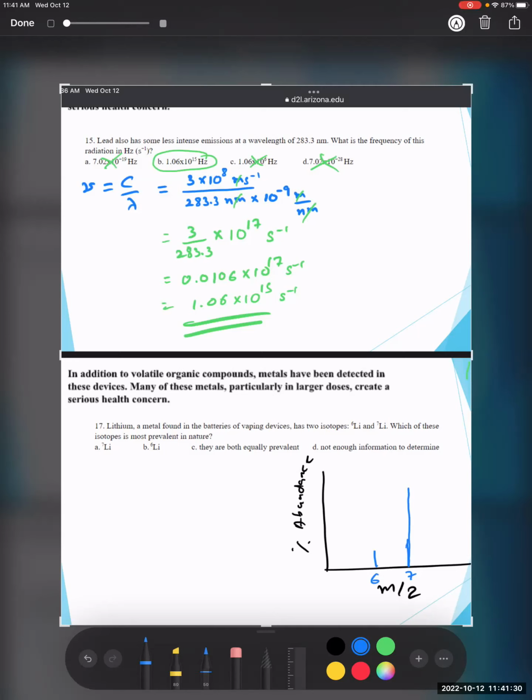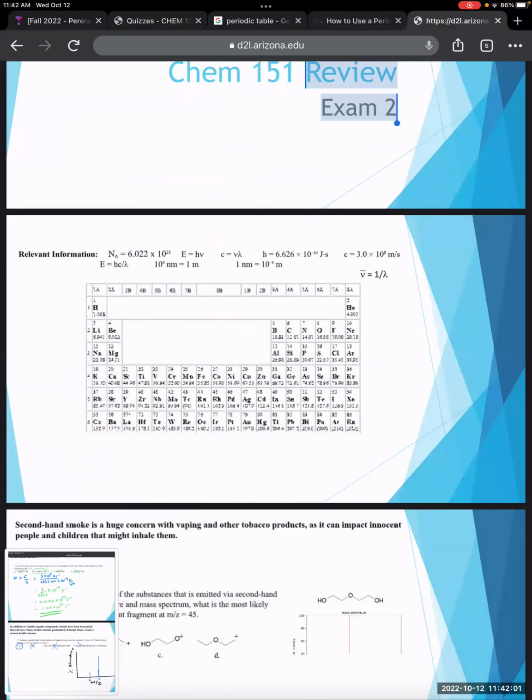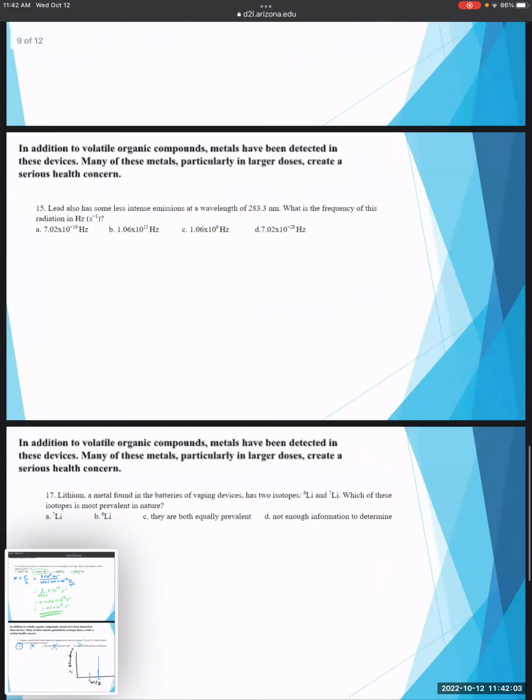If they were equally prevalent, then you should have a relative atomic mass closer to 6.5. This is way closer to 7, 6.94. That means you have way more of 7 compared to 6. Therefore, the correct answer is option A. We have enough information, and the other options are incorrect, not lithium 6, lithium 7. All right, that is that.